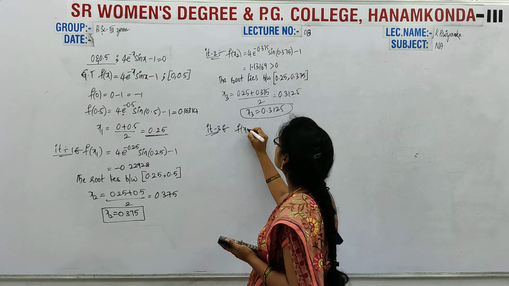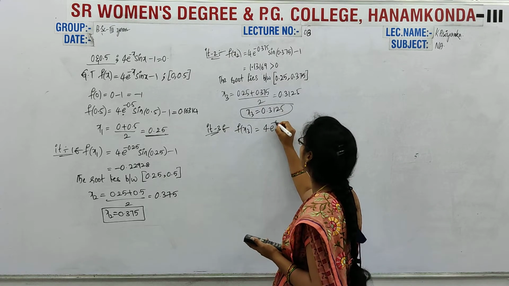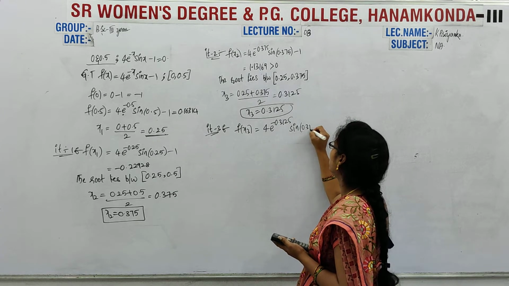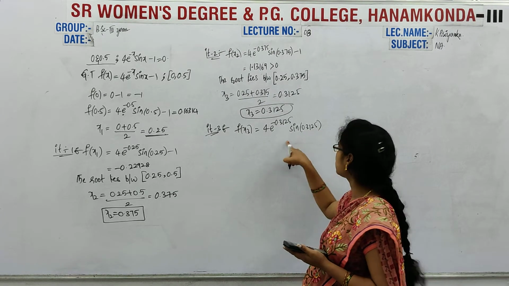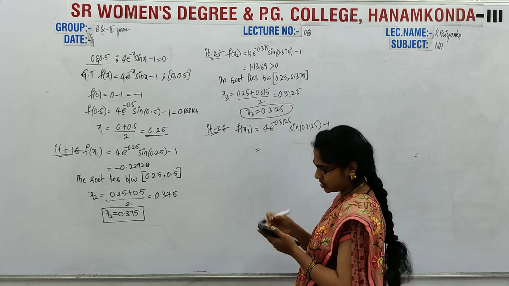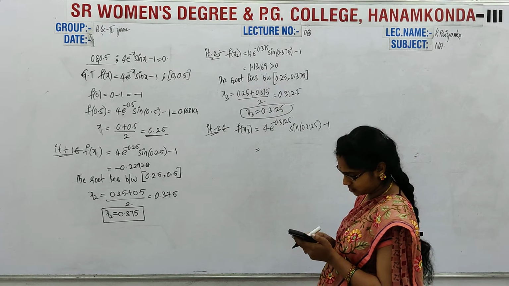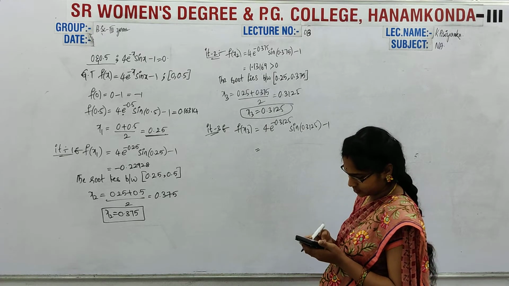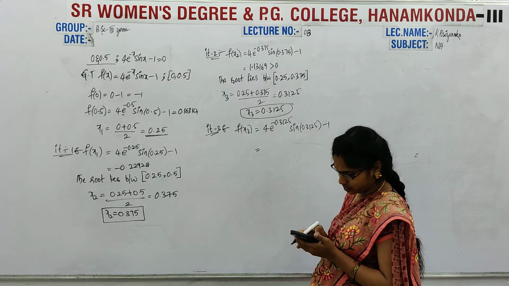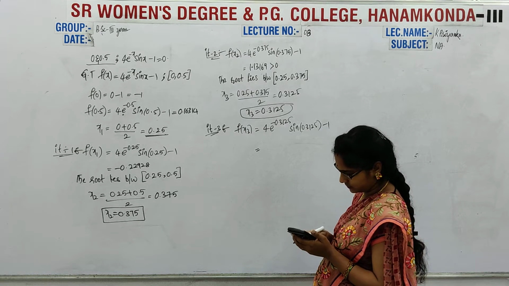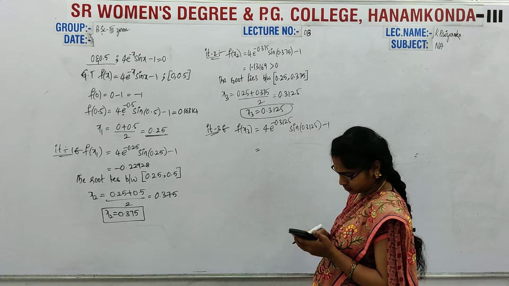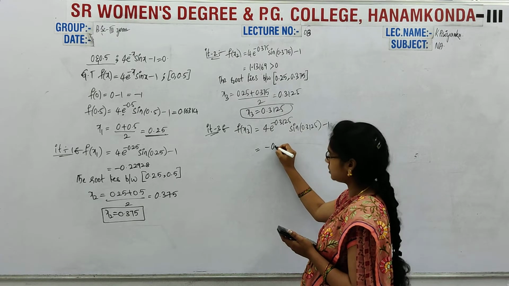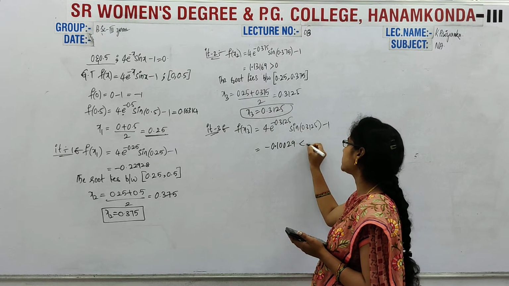Now f(x3) equals, don't take a minus here because in the function we have only sine. Now shift e power minus 0.3125 into sine of 0.3125 into 4 minus 1. Now it is minus 0.10029, less than 0.